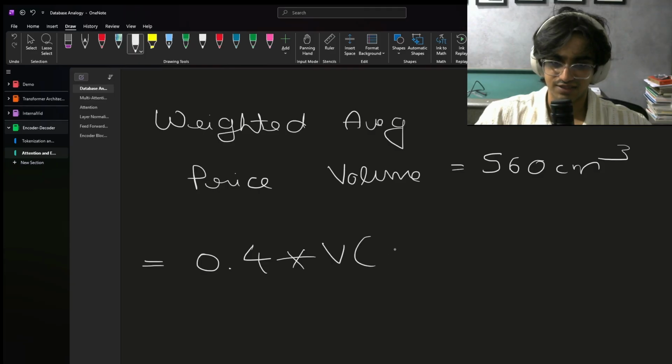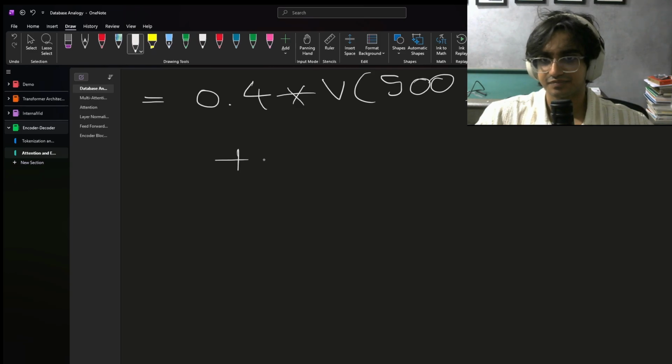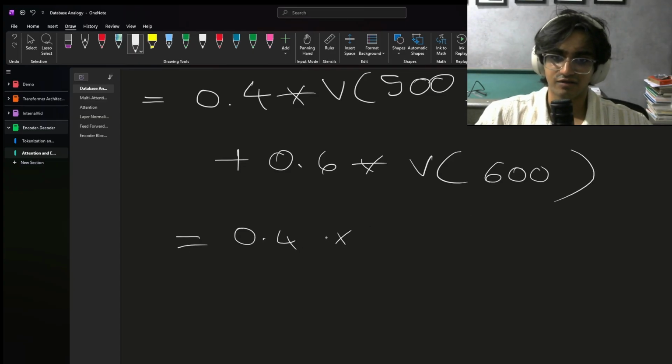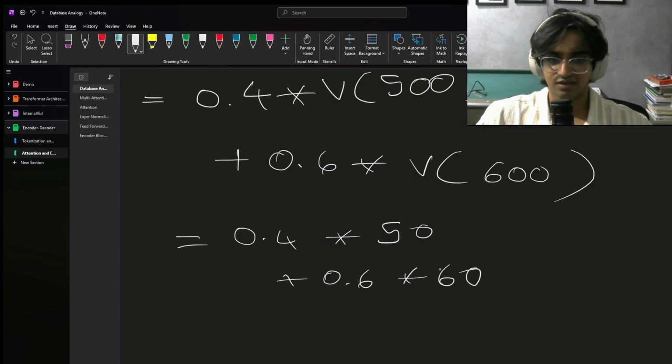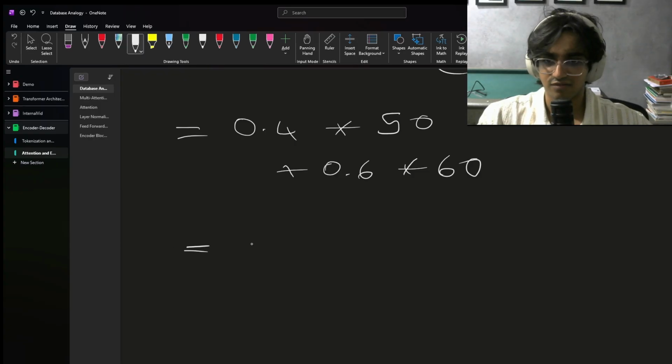into the value associated with 500 plus 0.6 into the value associated with 600. So that's nothing but 0.4 into 50 plus 0.6 into 60, which ends up working out to be $56.